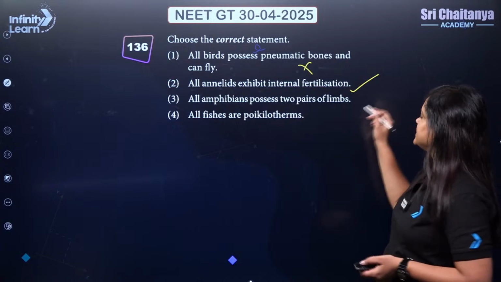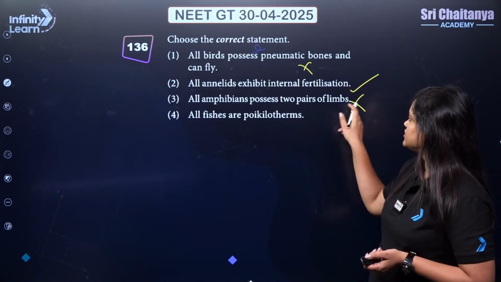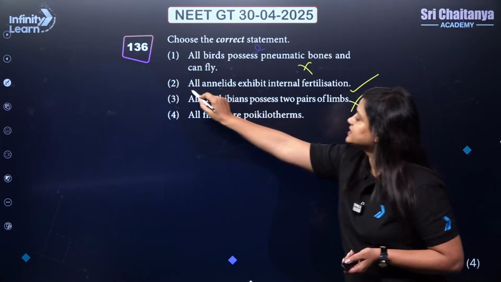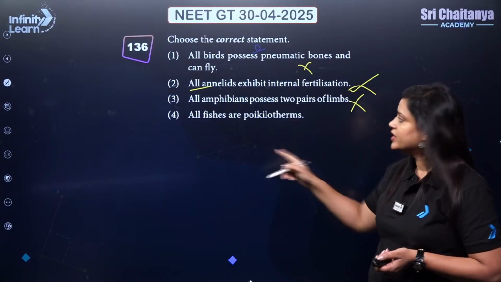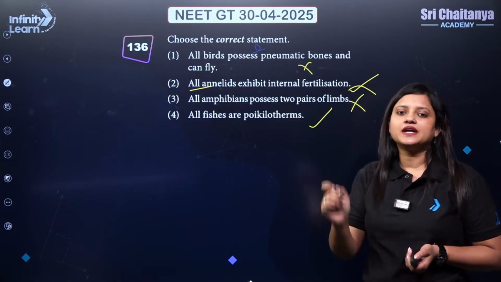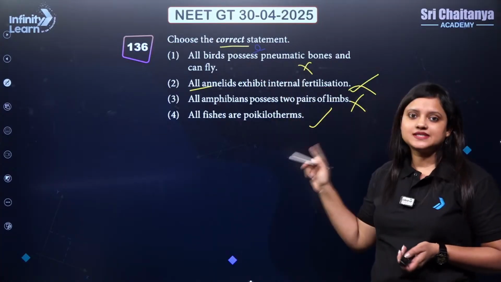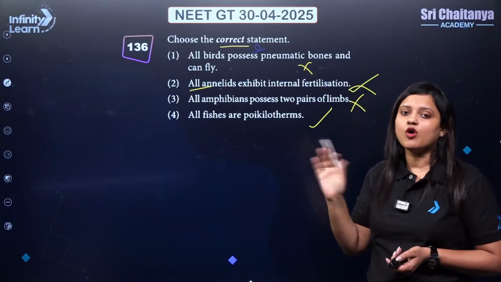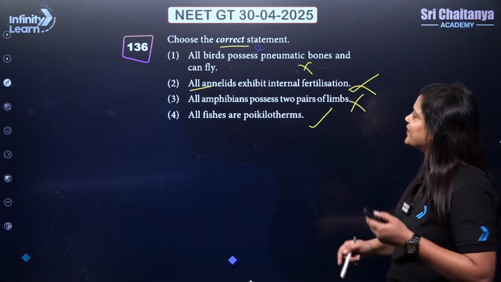Not true, right? Here it is written all annelids exhibit internal fertilization, which will be wrong. All fishes are poikilothermic, which is right because fishes are cold-blooded animals. So the correct answer here will be 4 because we want the correct statement. Pay attention to all the terms, all or mostly, that is also important. Okay, so it is 4.